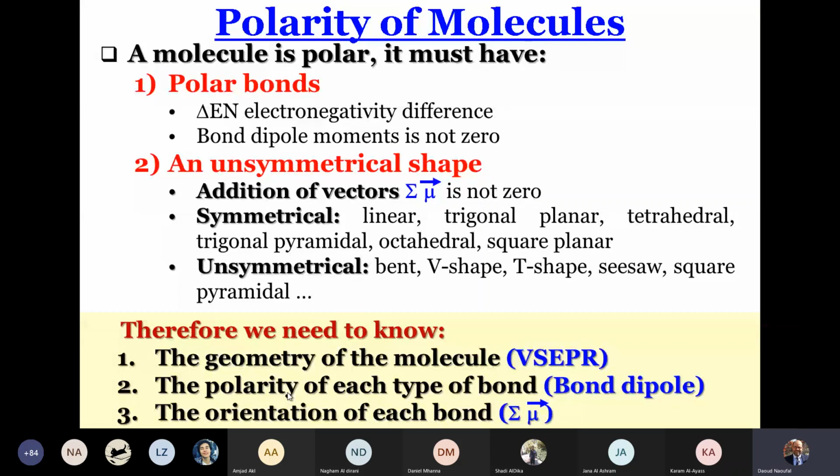So to know the polarity, we have to know VSEPR, we have to know the bond dipole of each bond, then we have to add all these dipoles. If the sum of these vectors is equal to 0, the molecule is non-polar. If the sum of the vectors is different from 0, the molecule is polar.